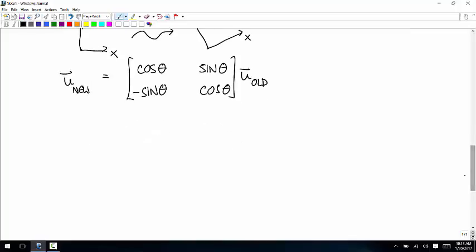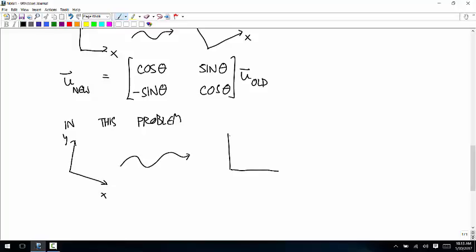In this problem, we have the vectors expressed in this coordinate system, and we want to express them in this one. So what's the counterclockwise angle to get from here to here in this problem?